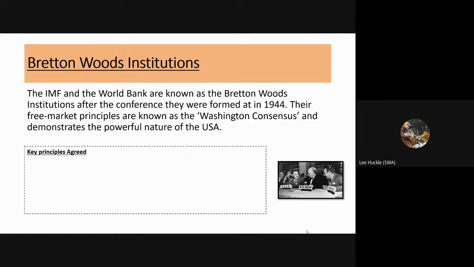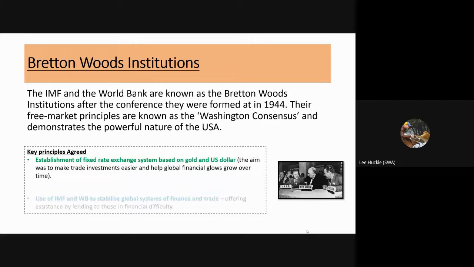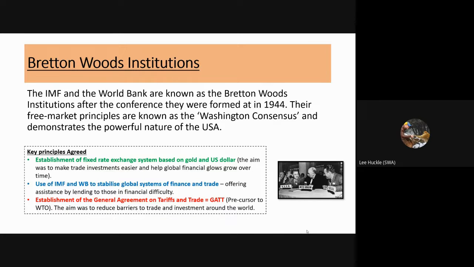We went through another recap of the Bretton Woods institutions, what it is, what it actually means as part of the Washington Consensus after the Second World War. And we went through some of the key principles that were agreed through the formation of the World Bank and the IMF, for example.